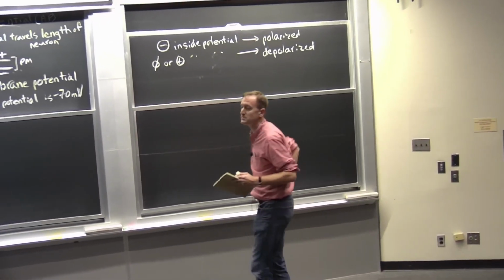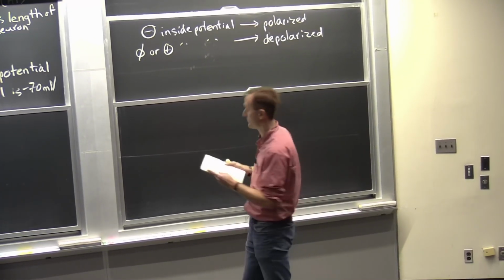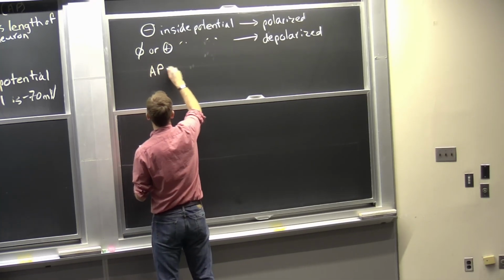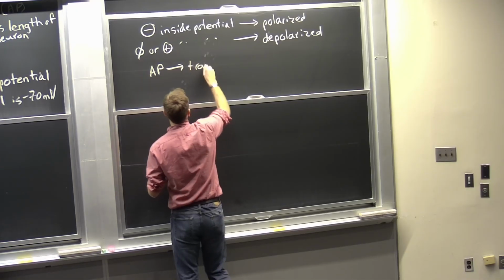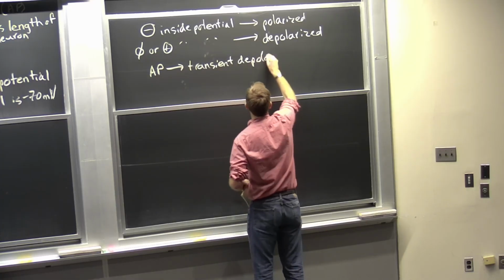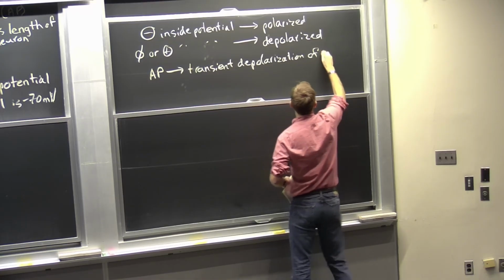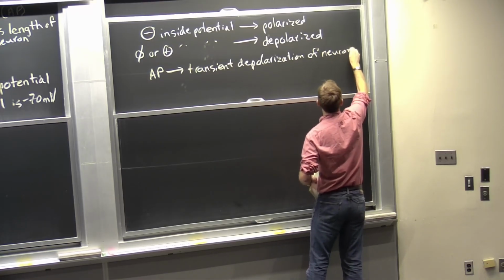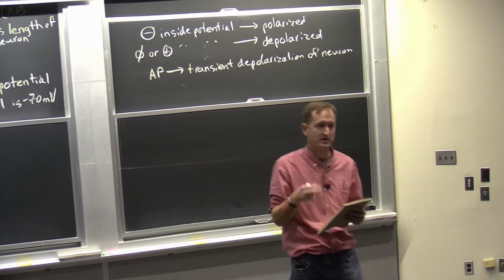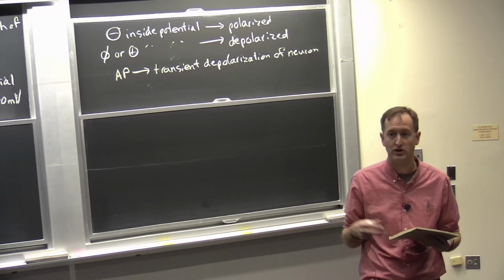Okay, so what an action potential is, it's a transient depolarization of the nerve cell. Okay, so the action potential, or AP, is a transient depolarization of the neuron, which means it doesn't just depolarize and stay depolarized, but it depolarizes and then restores itself back to the resting polarity.